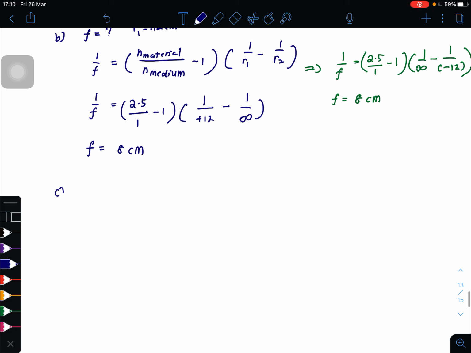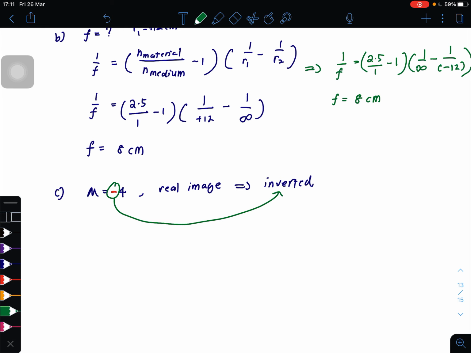Okay, so now we are given M is equal to 4. And then we are given it is a real image, which means it is also inverted. So, ingat kalau inverted, M akan jadi negative. So, M here, okay, negative here, meaning that it is inverted.